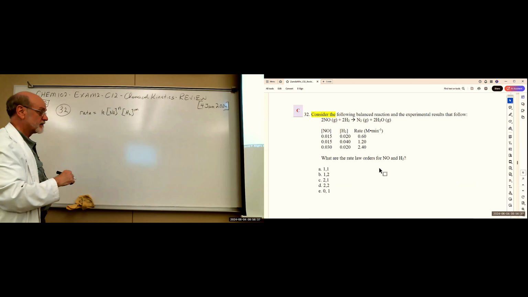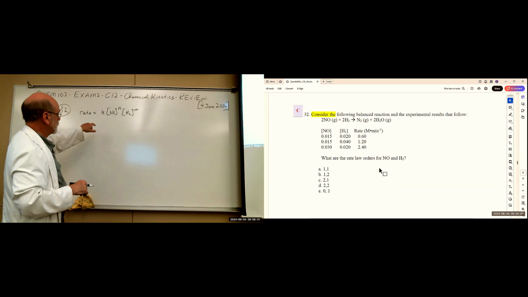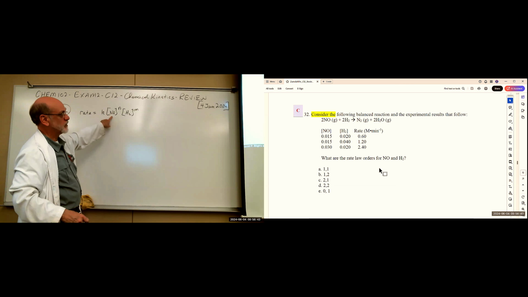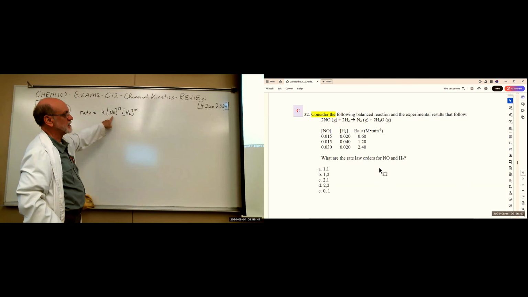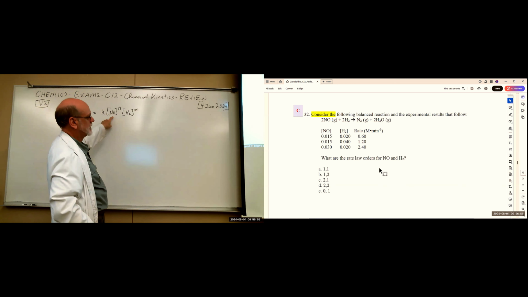And the data we have, I'm going to work from that and just say, all right, if we want to get at this one, which ones do we have to ratio? We want this one to change and the other to stay the same. 1 and 3. Yes, 1 and 3.